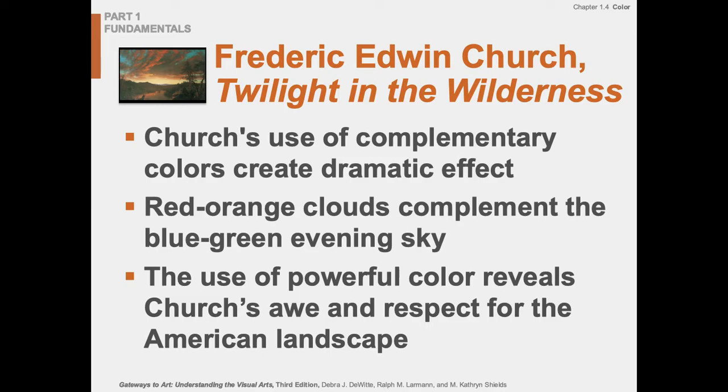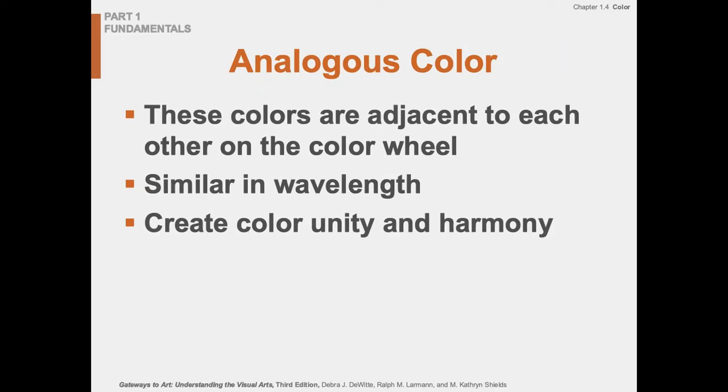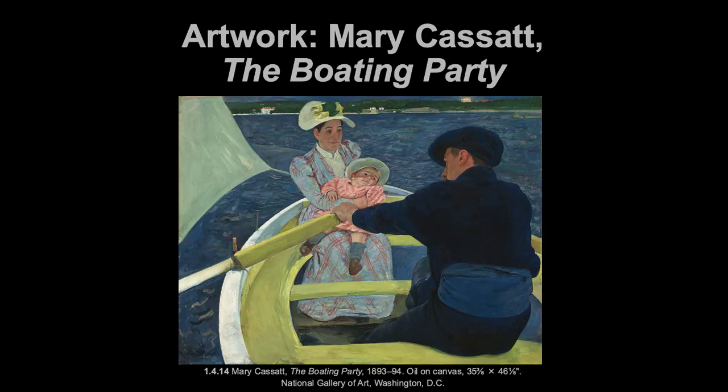So when we're using analogous colors, they're adjacent to each other on the color wheel. Remember, this refers to the color wheel itself and the way they operate. So they're similar in wavelength, and sometimes we're creating unity and harmony and peaceful look to an artwork.